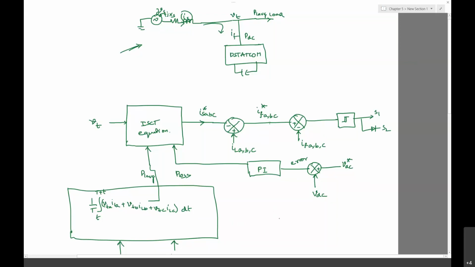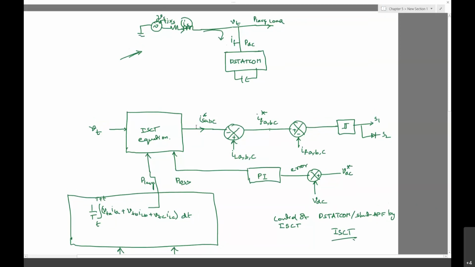It can be referred to as the instantaneous symmetrical component control of a D STATCOM, or shunt active power filter, by instantaneous symmetrical component. This is the complete D STATCOM, the shunt active power filter.